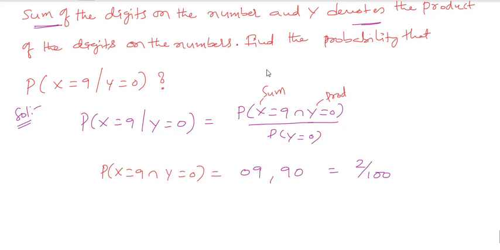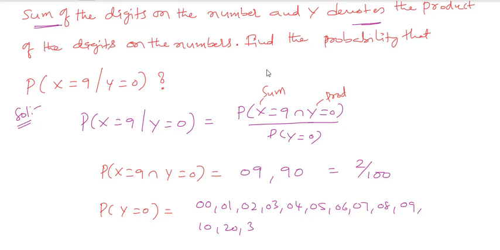Then similarly, what are the possible cases for the probability of Y equal to 0? Yeah, a lot of cases will be there. That is 00, 01, 02, 03, 04, 05, 06, 07, 08, 09, and then 10, 20, 30, 40, 50, 60, 70, 80 and 90.